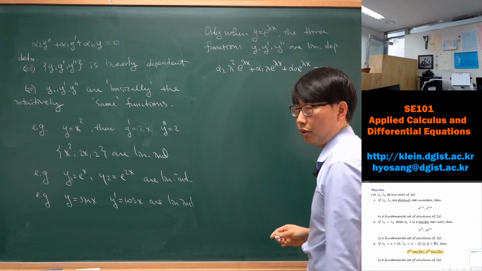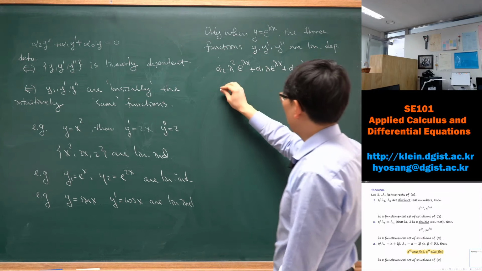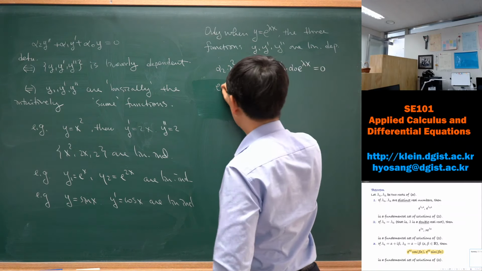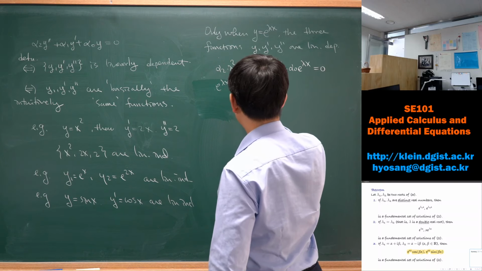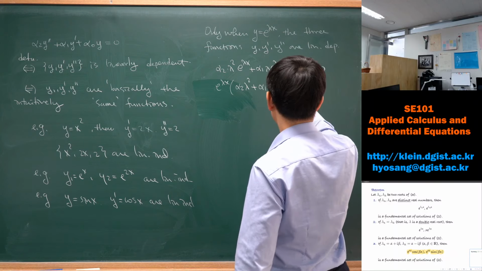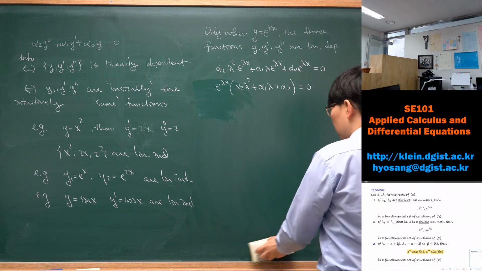That must equal 0. So let's factor out e to the lambda x. And the coefficient becomes alpha 2 lambda squared plus alpha 1 lambda plus alpha 0 equals 0.